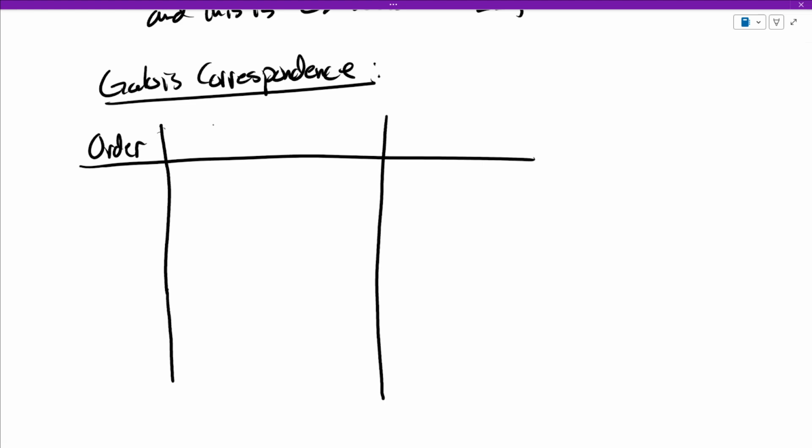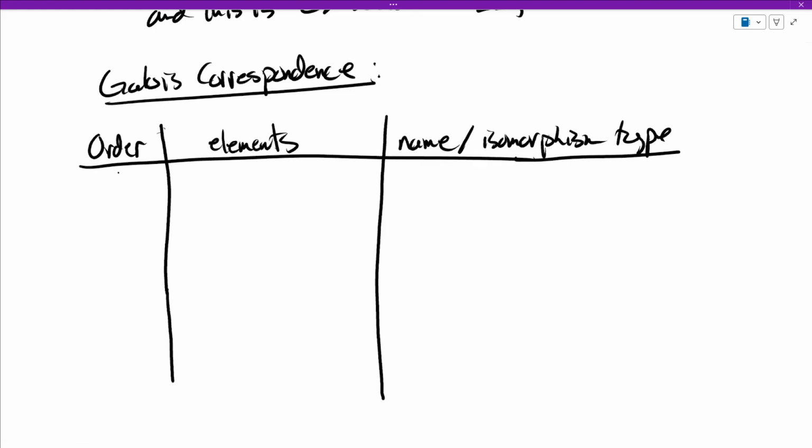We're going to do order, elements, name, and isomorphism type. Okay, so there's one subgroup of order 8. It's everything. I'm not going to write out the elements. And the name is going to be G, and it's isomorphic to D4.